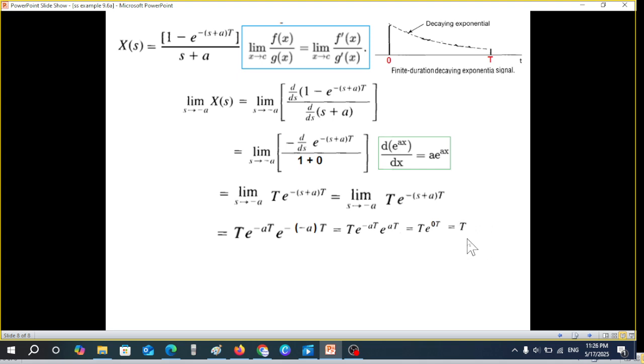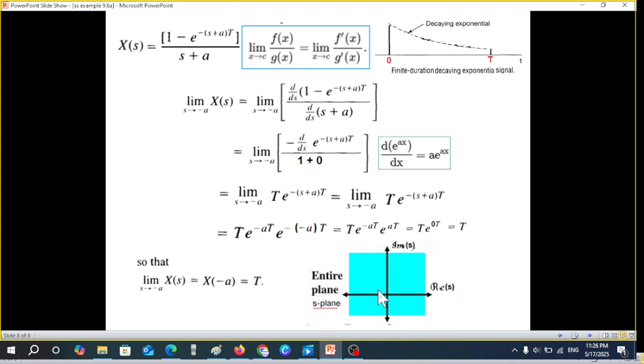It is simply a number, and therefore we conclude from here that X(s) at s equal to -a is equal to T. That means the entire S plane represents our signal. I hope you have been able to follow this. Please let me know through your feedback. Thank you.